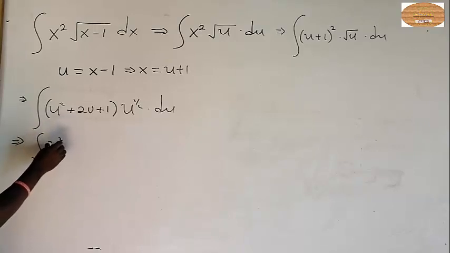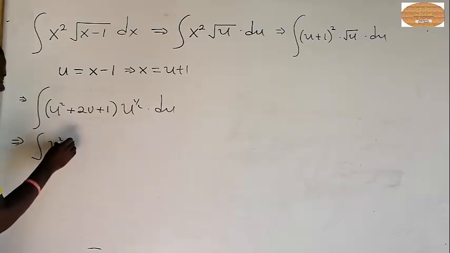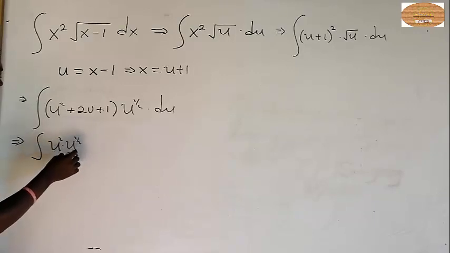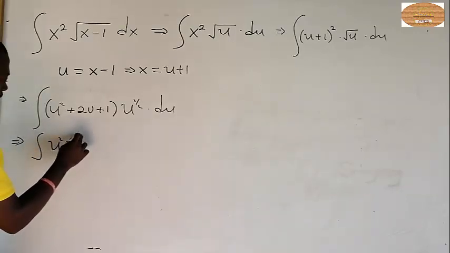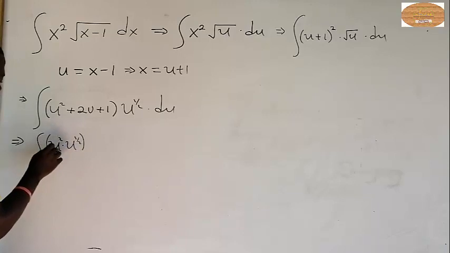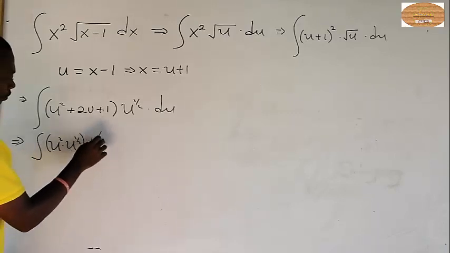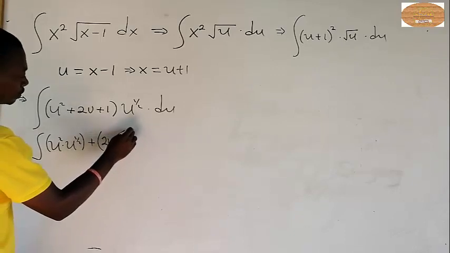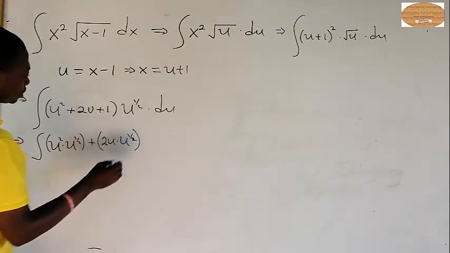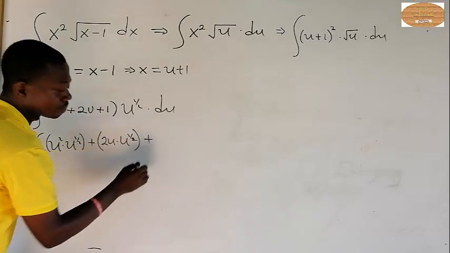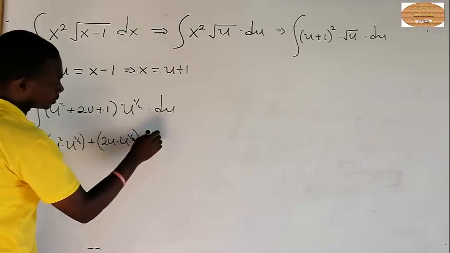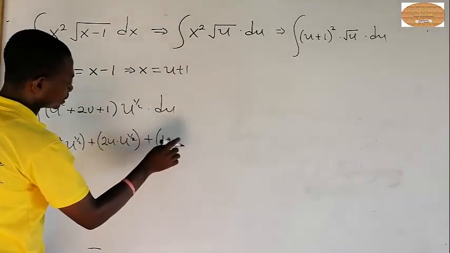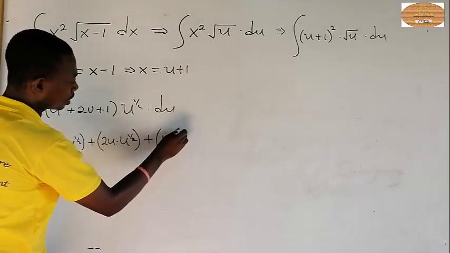So u squared times u to the power half, plus 2u times u to the power half, plus 1 times u to the power half.